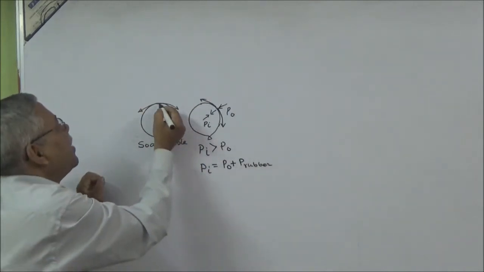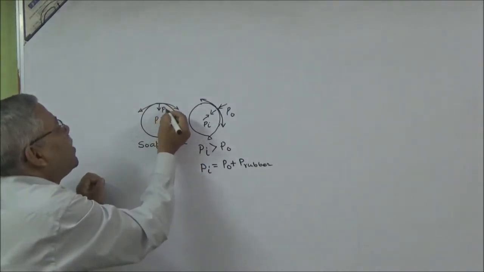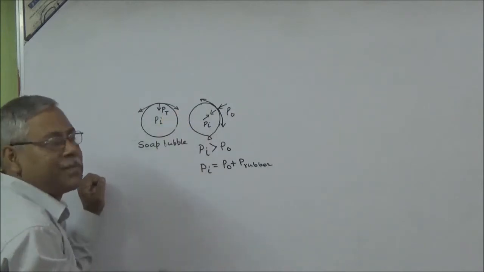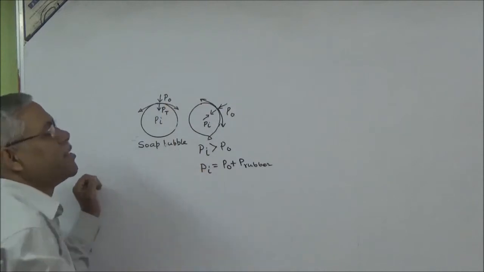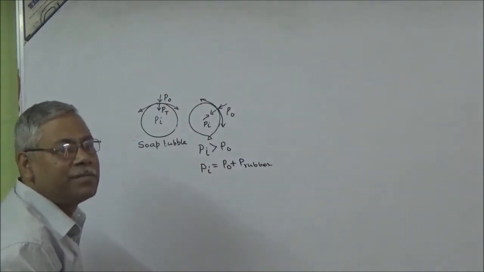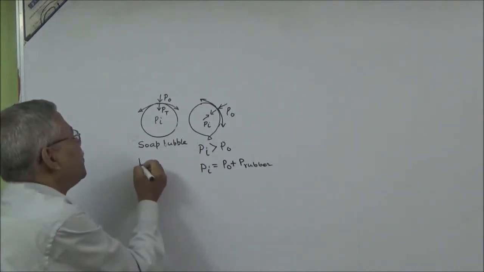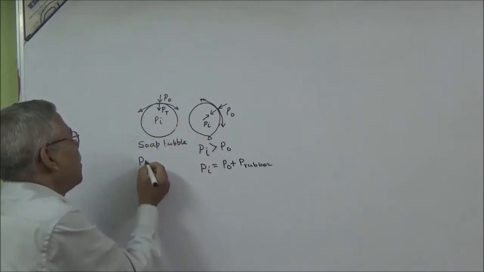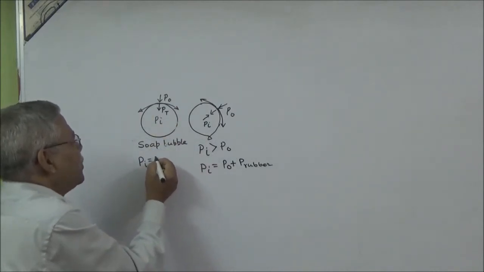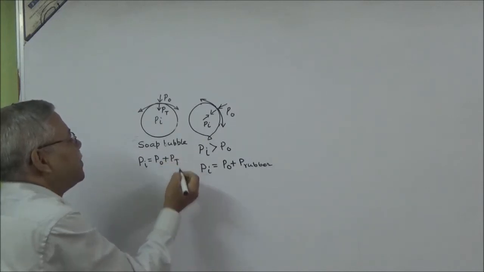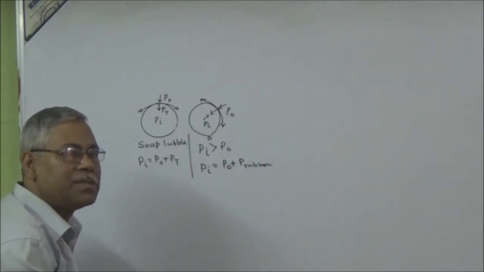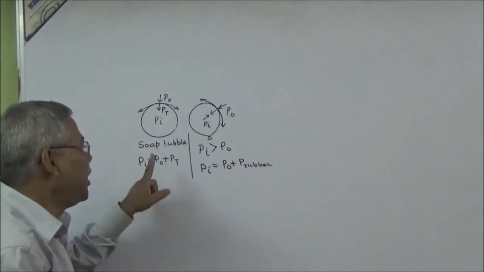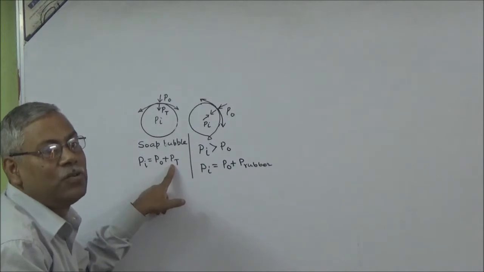So this is exerting a force, which is the pressure due to surface tension, and the outside atmosphere is exerting another pressure. So for this soap bubble also, Pi equal to Po plus Pt. Okay? You understood this? You will have to find the pressure due to surface tension.